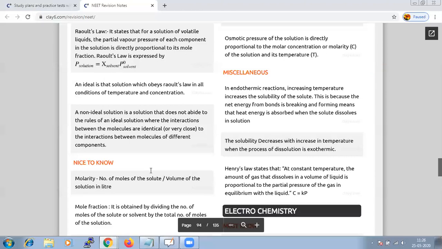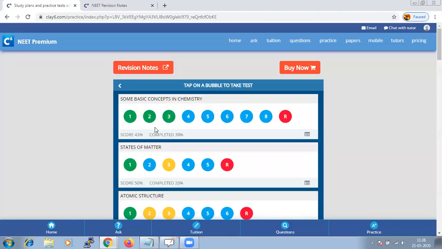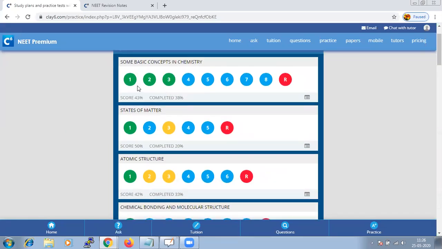Now this is what we have based on the concept of the chapter. Based on the analysis of the concept, let us take a test and see how much we have understood. Let us go to chemistry, and since we are doing the chapter solution today, look at the colors here. Each bubble is a test. Green indicates the test is already taken, blue means the test is in progress, that is partially taken, and orange means it is yet to be taken.